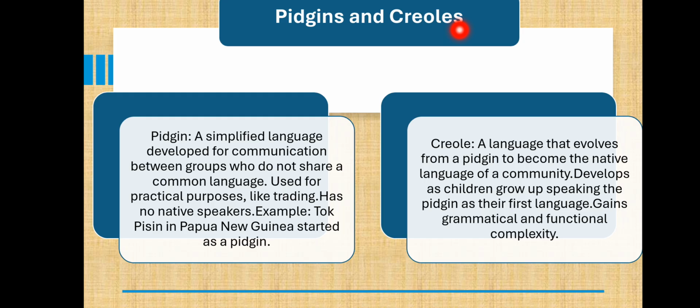Pidgins and Creoles. First, we will talk about pidgin. So, pidgin is a simplified language developed for communication between groups who do not share a common language. So it's a simplified form of language. It is used by a group of people, might be for some trade purpose or might be for communication purpose, right?